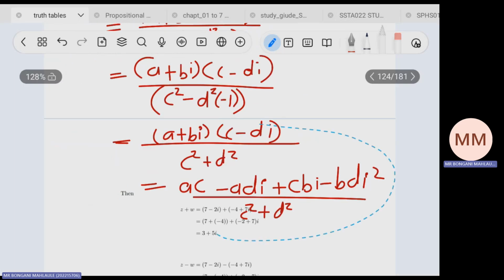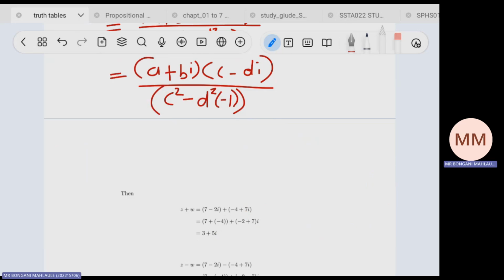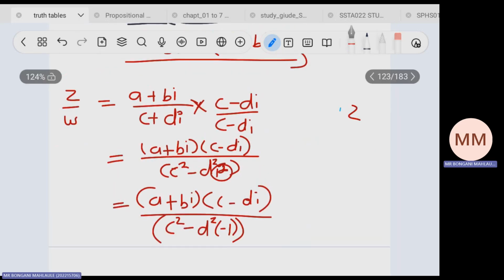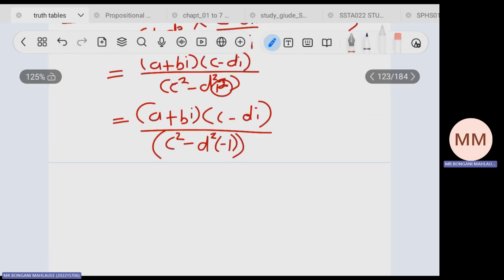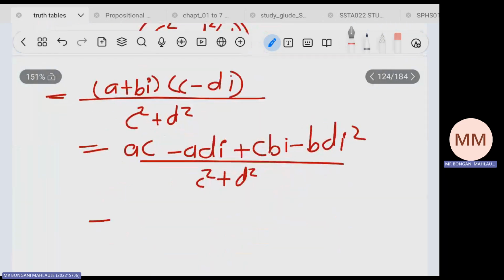So let's write this on the new page. So this is what we're currently having.